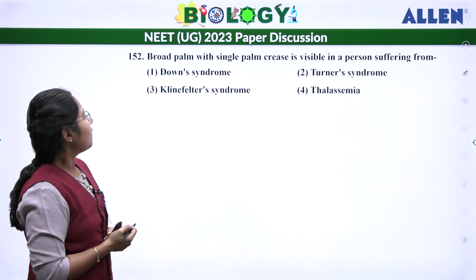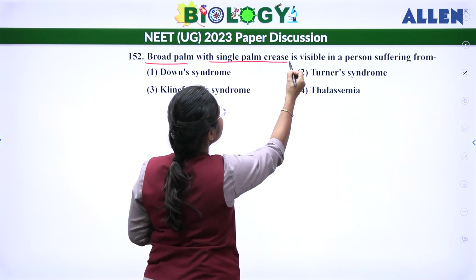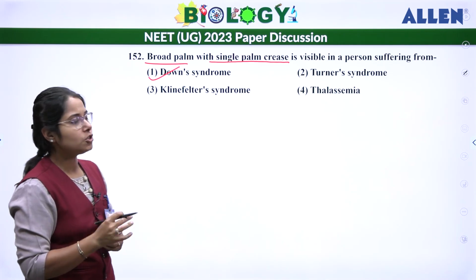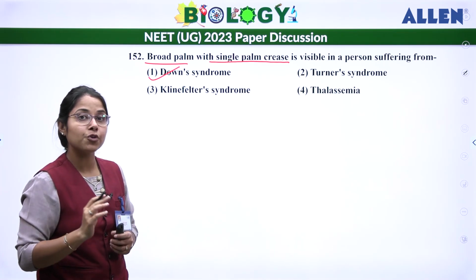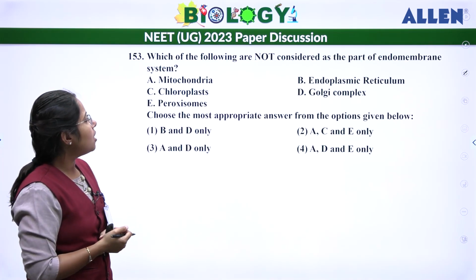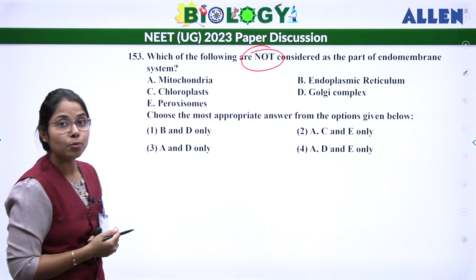Next. The broad palm with single palm crease is visible in the person suffering from Down syndrome. So this is the most common symptom of the person suffering from Down's syndrome. Next. Which of the following are not considered as a part of the endomembrane system?